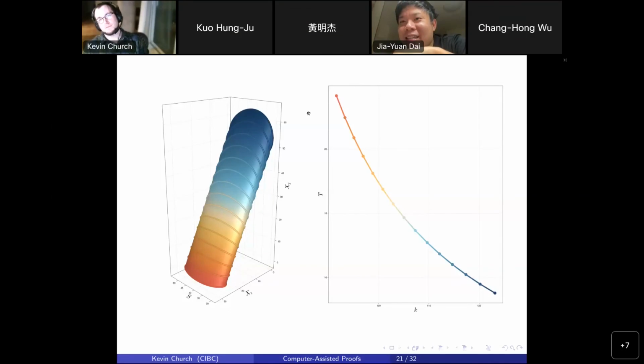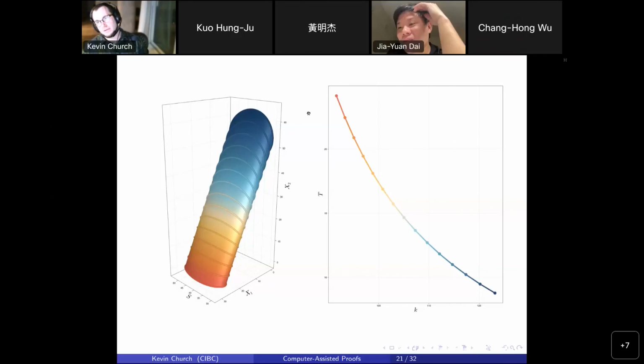What we can't do from a computer-assisted proof like this is construct an analytical representation of the period map.